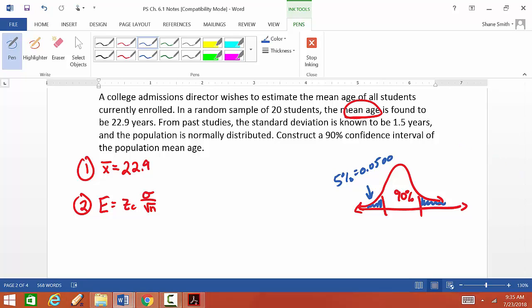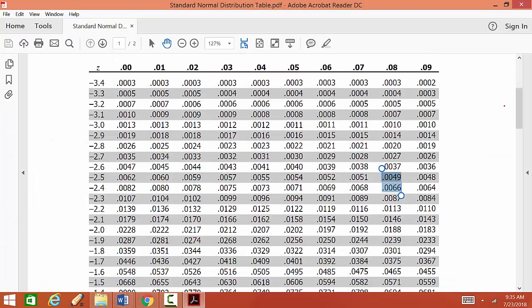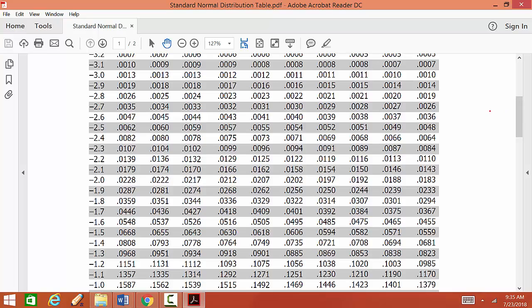So don't let that confuse you. You have to be careful about watching your zeros. So here's 0.0505 and here's 0.0495. Which one's closer? It looks like they're the same distance away, and if you remember, that's the 5th percentile.